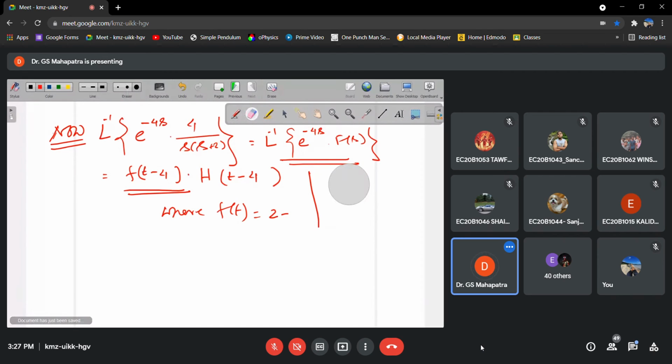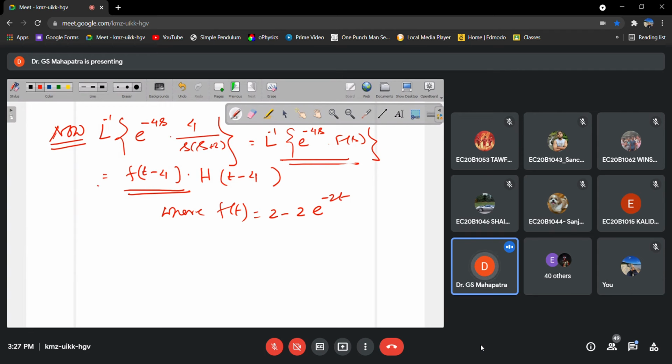This one we know. But our answer is not f of t, our answer is f of t minus 4.